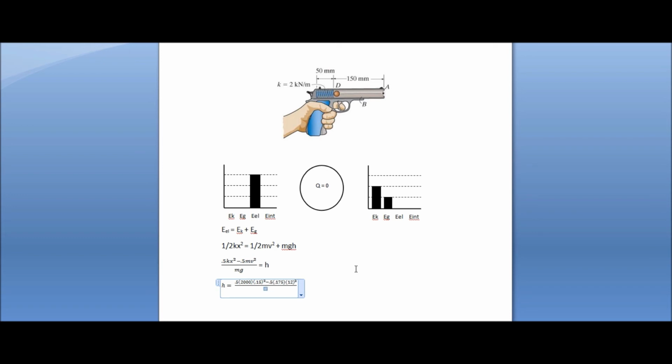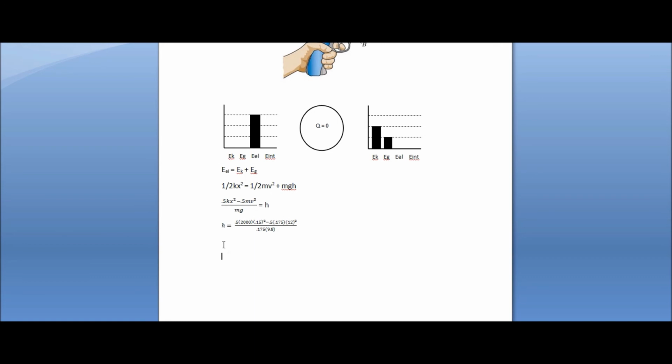And all that's going to be over mass times gravity, and the mass is 0.175 times 9.8. All right, that's the matter of solving it. So I'm going to do this in more than one step.